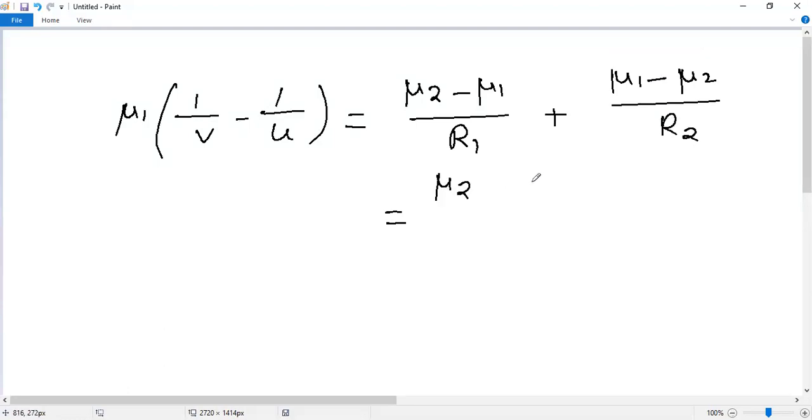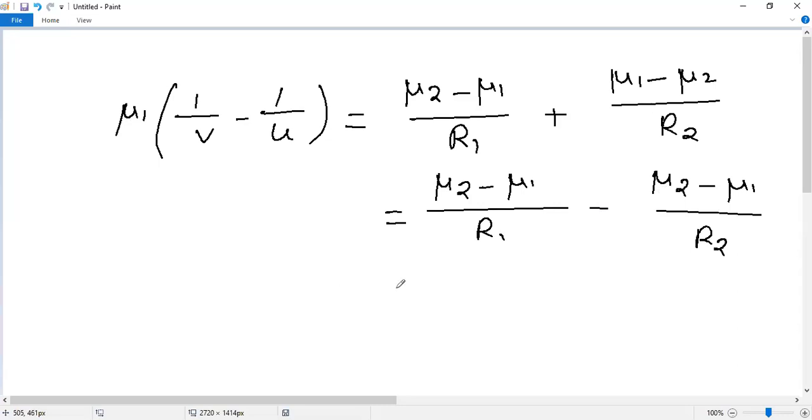Mu2 minus mu1 divided by R1 minus mu2 minus mu1 divided by R2. Now minus, this is a minus mu2, minus into minus plus mu1. The format is correct.